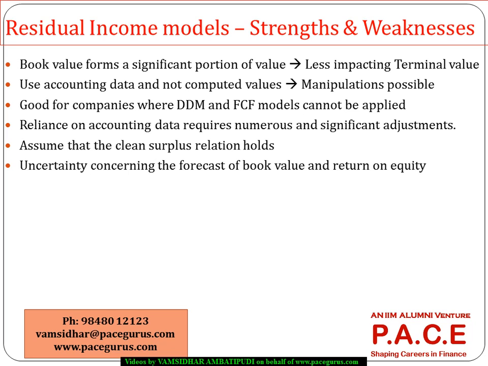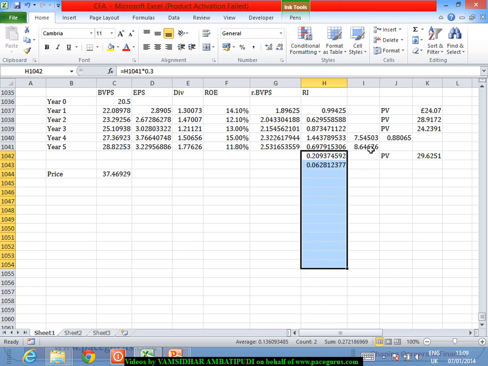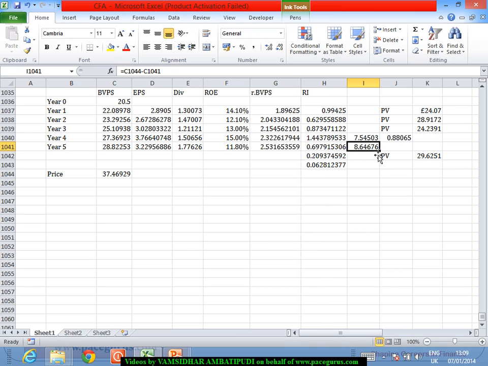Now generally we see that residual income models have a terminal value with very little impact. We have seen here that the terminal value from the 6th year onwards till infinity is only 8.64, whereas the book value is to the extent of 20.